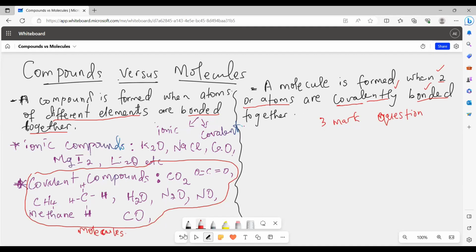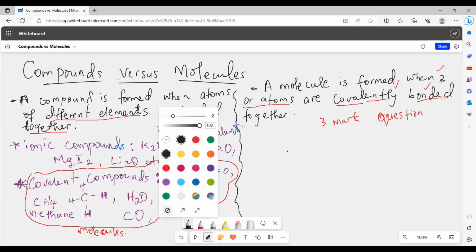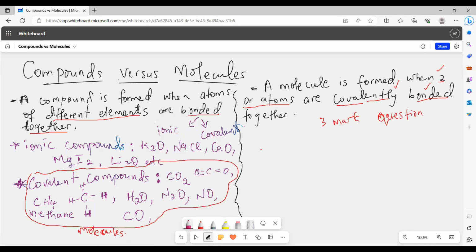So what are some of the examples or the types of molecules you could have? You can have molecules of the same element.